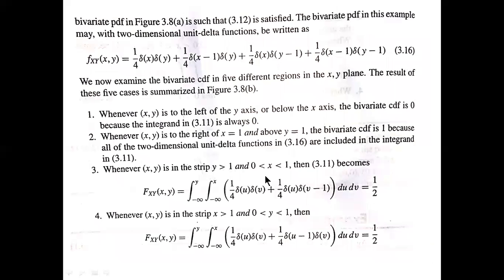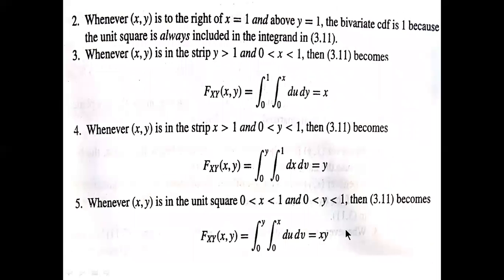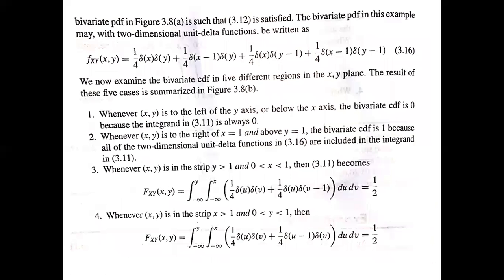Whenever (x, y) is to the right of x equal to 1 and above y equal to 1, which is this region, the point will cover this whole thing, and hence the CDF will be equal to 1, because all the 2-dimensional unit delta functions are included within the integrand.